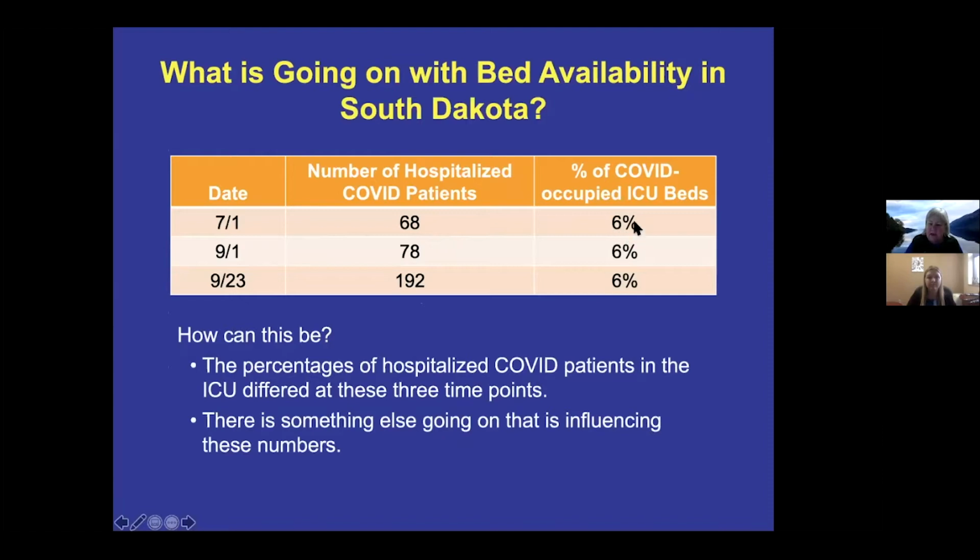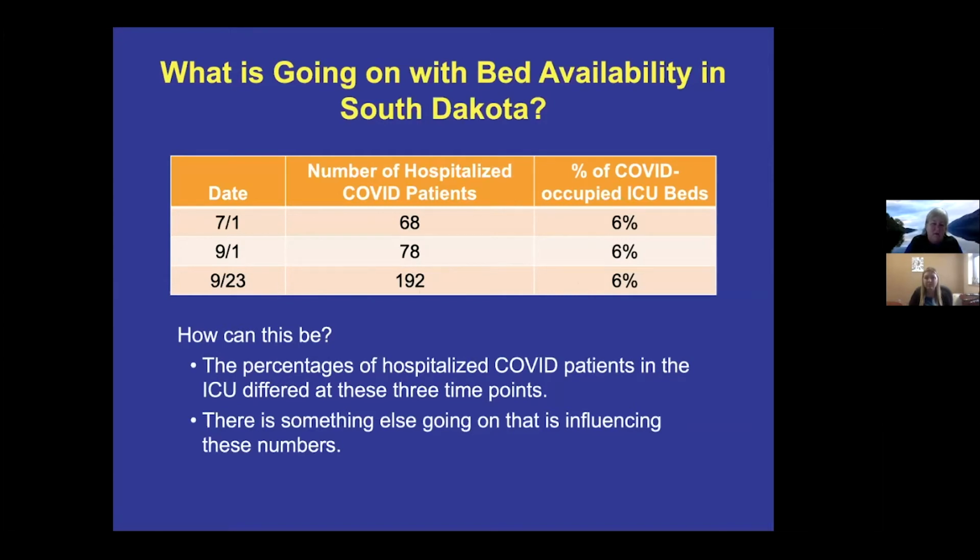And that dashboard said 6% of the ICU beds were occupied. Then you look all the way to September 23rd as an example, 192 hospitalized patients, 6% of the beds were occupied. So something in the denominator has to be changing.